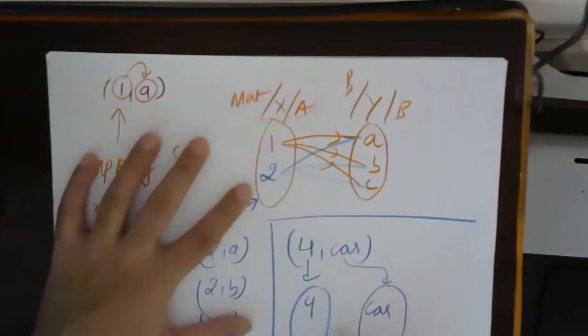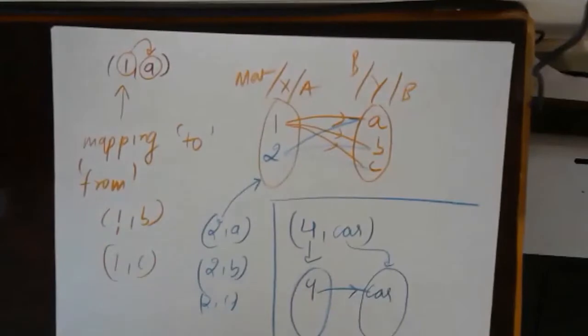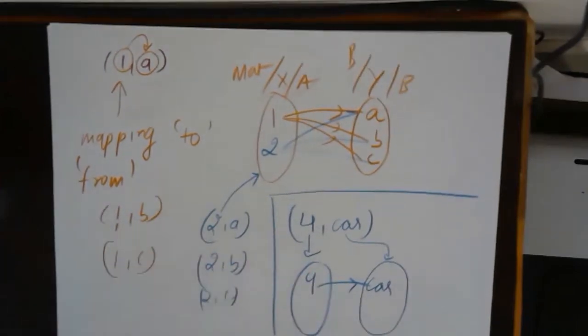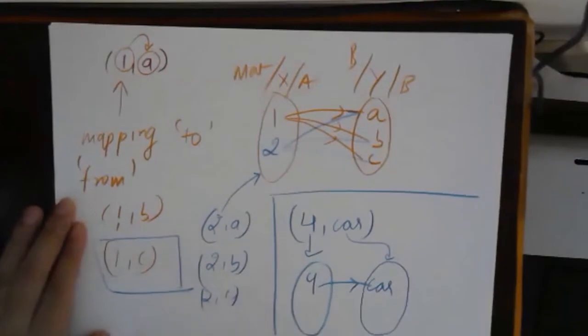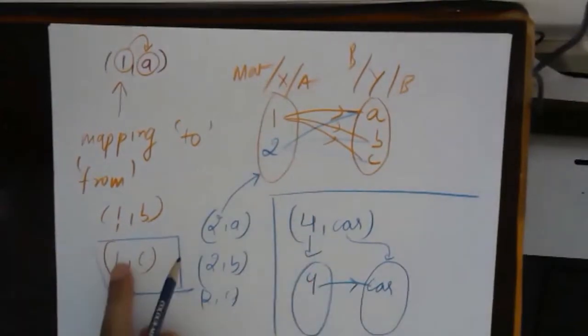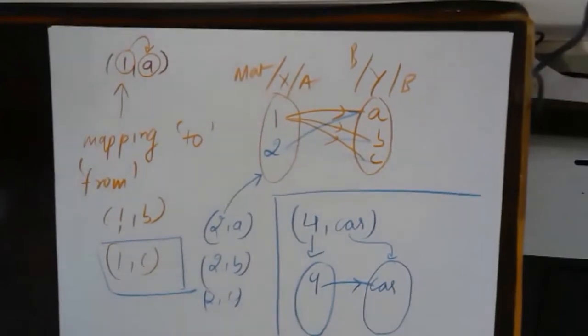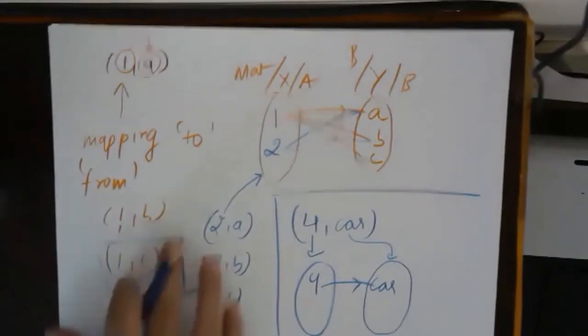This is a car, and 4 was linked with car. Understood? This part is okay. No matter what I write in this form, wherever I write in this form, the first element is from the first set, and the second part is from the second set. Simple as that.